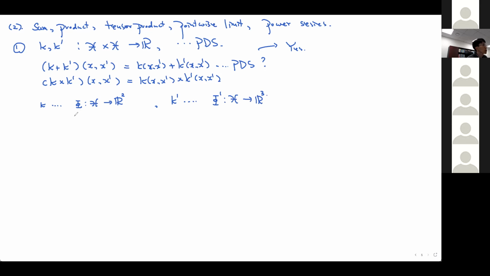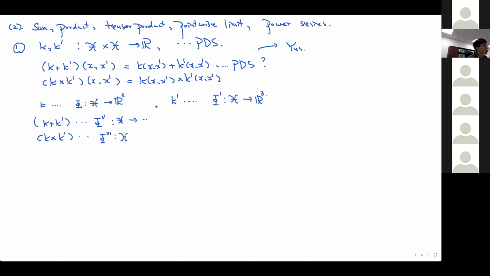Then we may ask, what's going to be the feature map for the sum? What is going to be the feature map phi double prime? It's going to be a map from X to something. And for the multiplicative product, what is going to be the feature map phi triple prime?